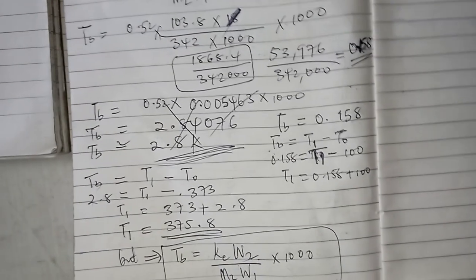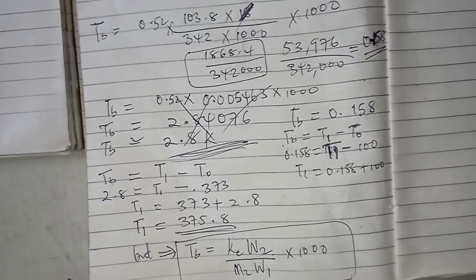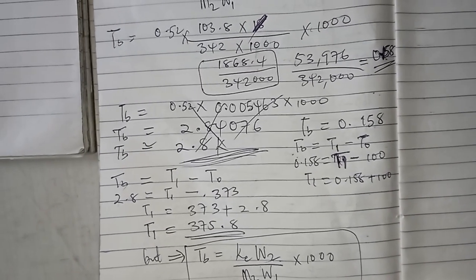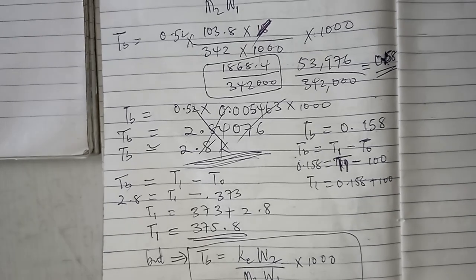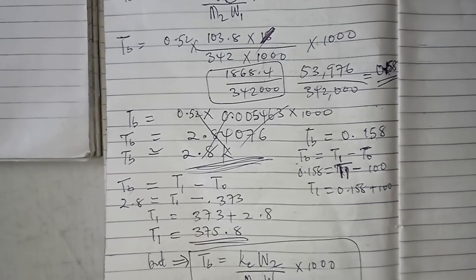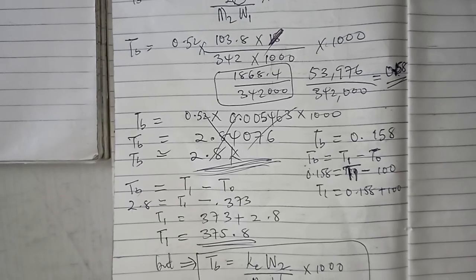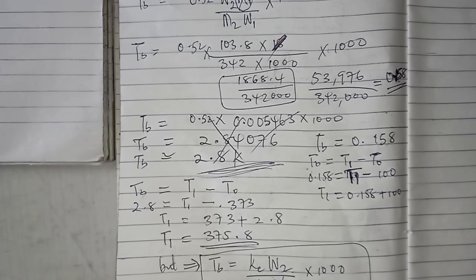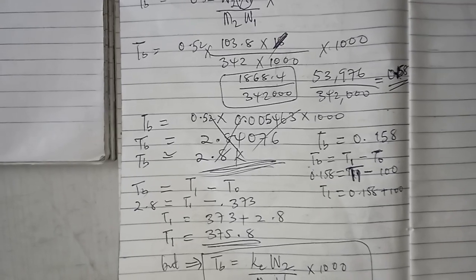So that's for the increase in the temperature. If you punch it, you get the increase in temperature. That's not the boiling point, but the increase in temperature. And that increase in temperature is what gives you the elevation of boiling point. So we have 0.158 plus 100.